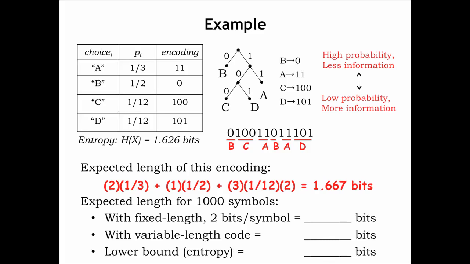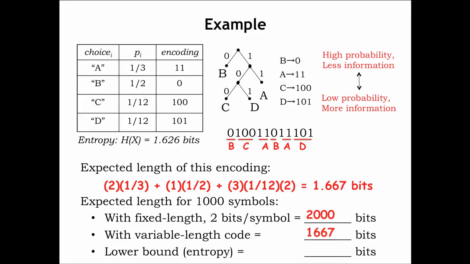How did we do? If we'd used a fixed length encoding for our 4 possible symbols, we'd have needed 2 bits each. So we'd need 2,000 bits to encode 1,000 symbols. Using our variable length encoding, the expected length for 1,000 symbols would be 1,667.